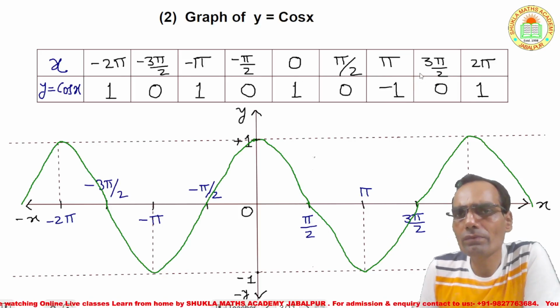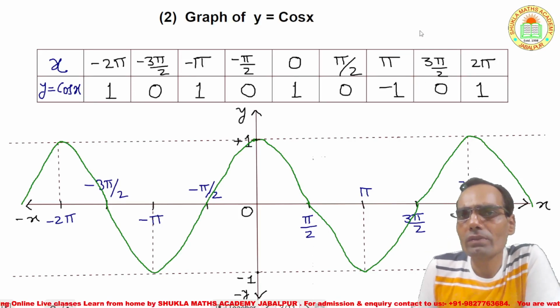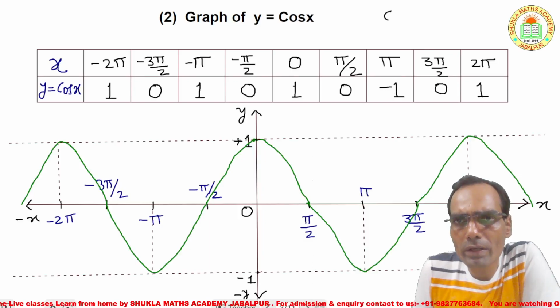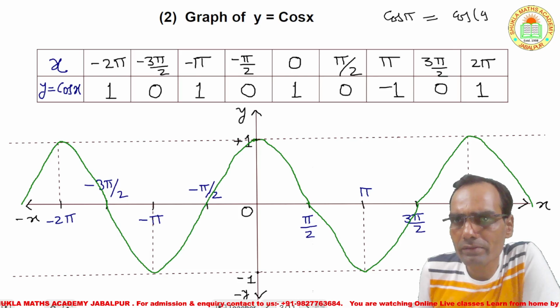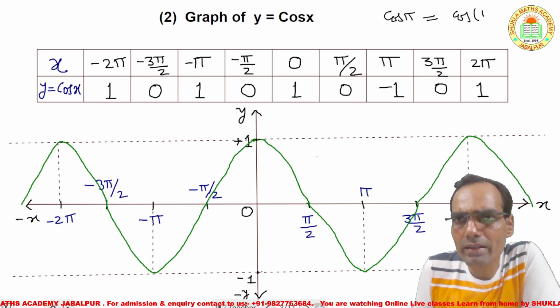If you don't know the value of cos pi, you can apply a formula. We will break the cos pi as cos of 90 plus 90, that is, in degrees it is 90, and in radians pi by 2. So pi by 2 plus pi by 2, right?